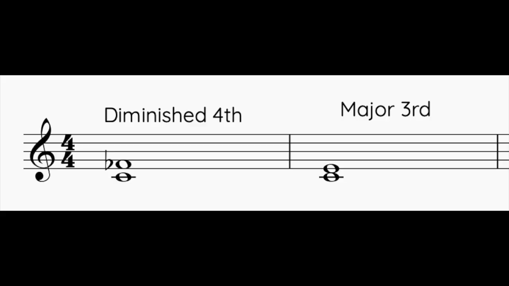But Mr. Barker, that's just a major third. Yep, but it isn't. Remember, it has to do with what note is written. If I have an F flat over a C, that's a diminished fourth. If I have an E over a C, that is a third, a major third.